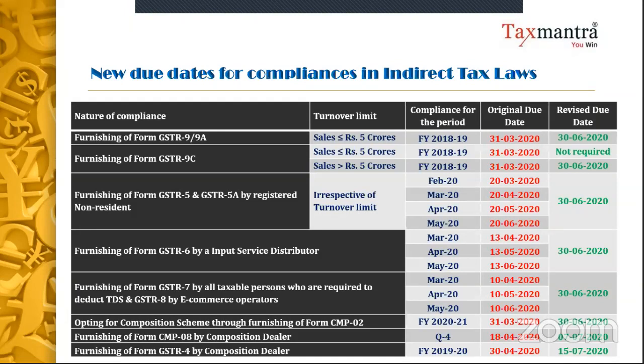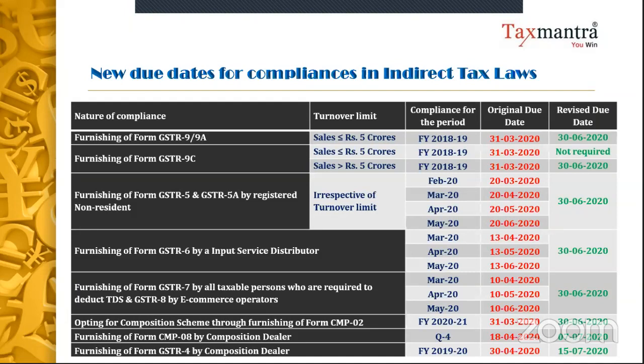Furnishing of Form GSTR 5 and GSTR 5A by registered non-resident. This is applicable for non-residents who are providing service under OIDAR, Online Information Database Access and Retrieval. This kind of taxpayer needs to file GSTR 5 and 5A.